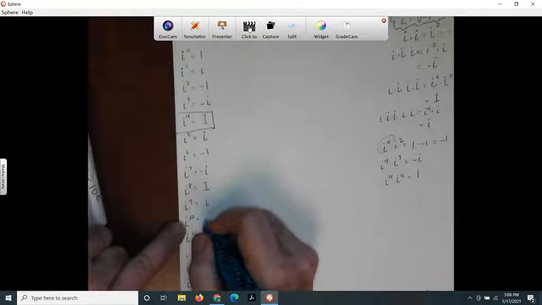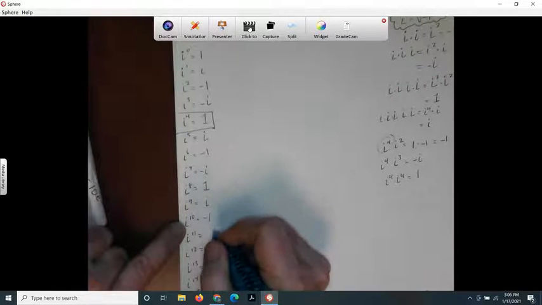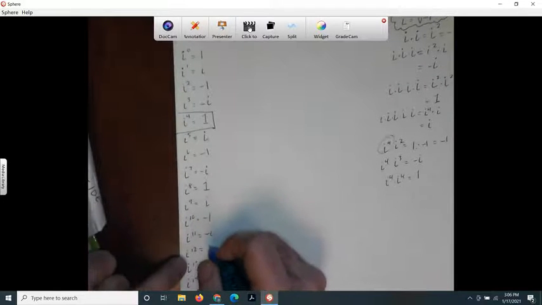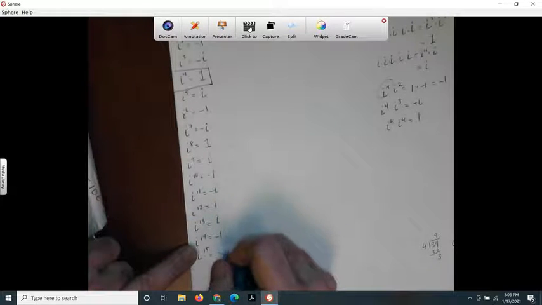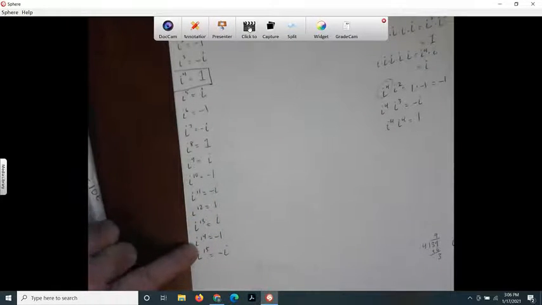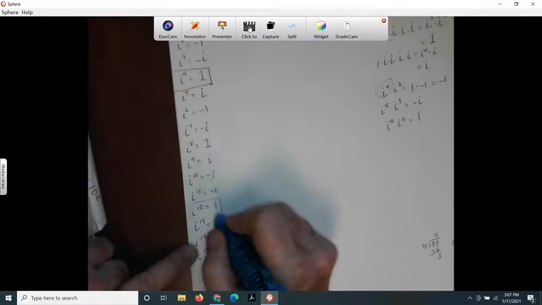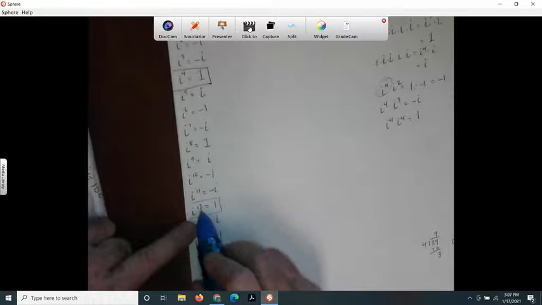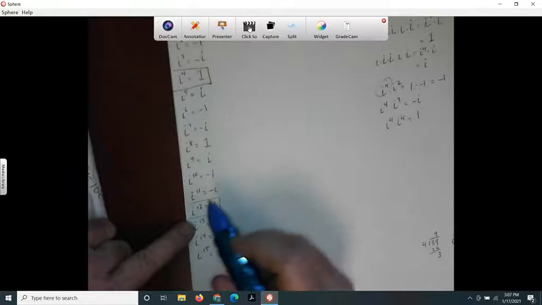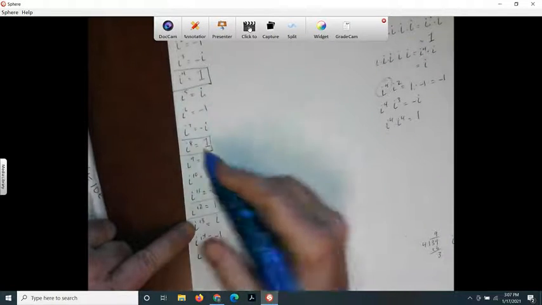And then I noticed that every time that it's equal to 1, this is a multiple of 4. I know that it's easy for me to understand that because i to the 4th is 1, so this was like 2 times i to the 4th, so this would be 3 times i to the 4th. So i to the 4th is kind of a special key to this pattern.